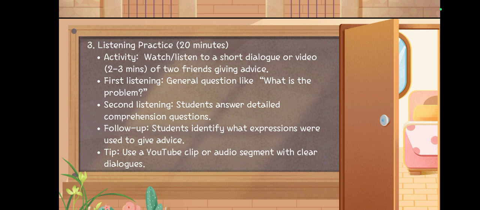It is listening practice for 20 minutes. The activity is to watch or listen to a short dialogue or video of around 2 or 3 minutes of two friends giving advice.